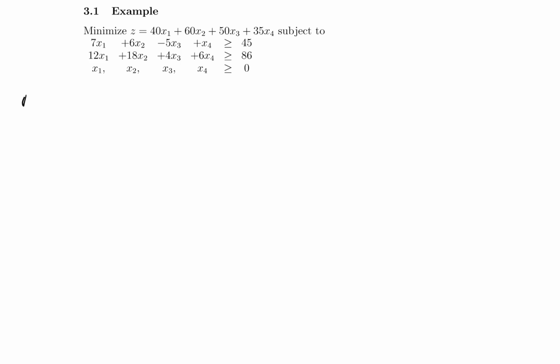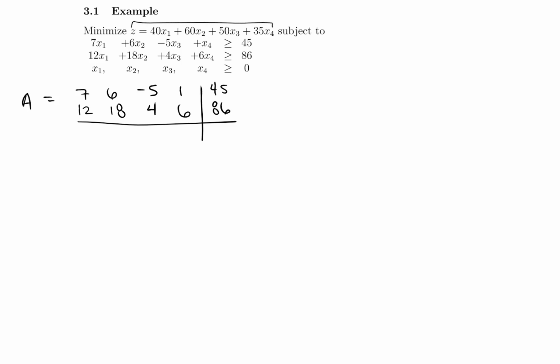So I'll call this A, and so this would be a 7, a 12, a 6 and 18, -5 and 4, 1 and 6, and then we have 45 and 86. Along the bottom row, we need to put the objective function, z equals, so our coefficients will be 40, 60, 50, 35, and we'll have a 1 in the last column, because we have one z, okay?